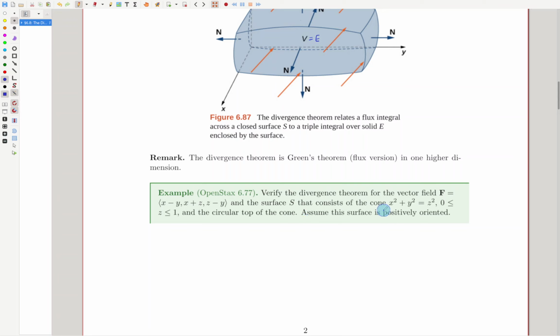If I think about the solid, I'm thinking about a solid cone, which has two different pieces to it: a circular top and this lateral side. S itself, the way it's being described, sounds like it's supposed to be both parts. We assume that the surface is positively oriented, which should mean that the normal vector is pointed outwards.